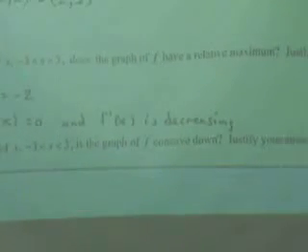For what values of x is my function concave down? Yeah, Michael. Wouldn't it be when f prime of x is decreasing, right? So it'd be from -3 to -1, and from 1 to 2.